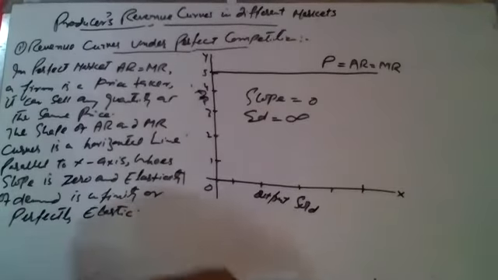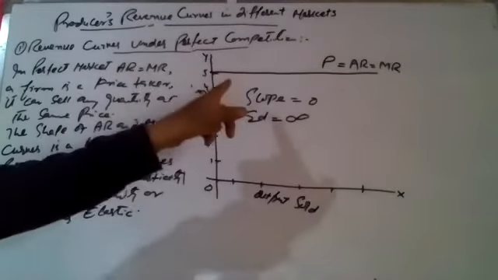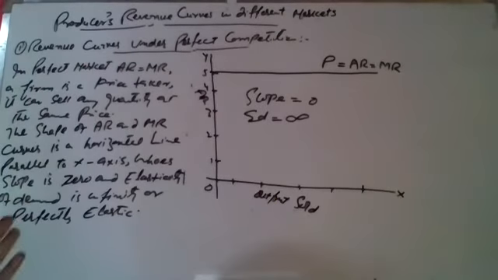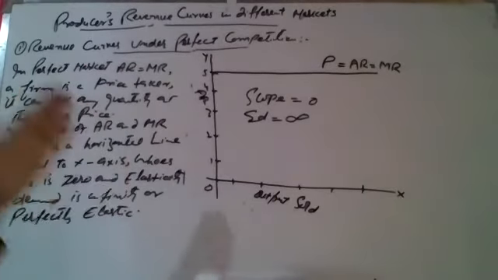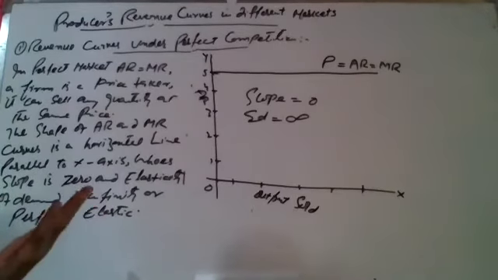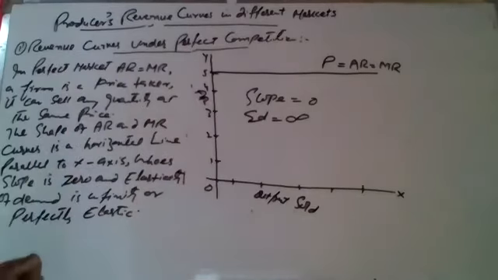Yes, you remember that in the perfect market the elasticity of demand is infinity, perfect elasticity, and the shape of the curve is a horizontal line parallel to the x-axis. That means it shows that the firm can sell any output at the given price, because a firm is a price taker, not a price maker.